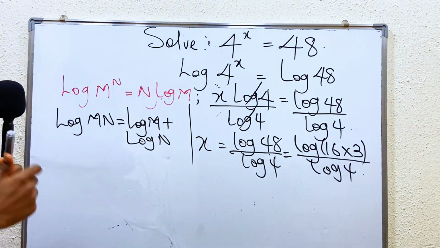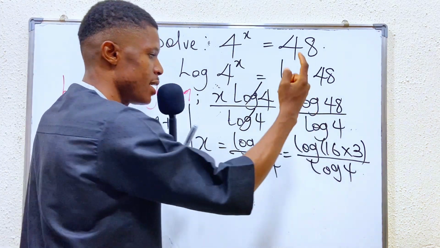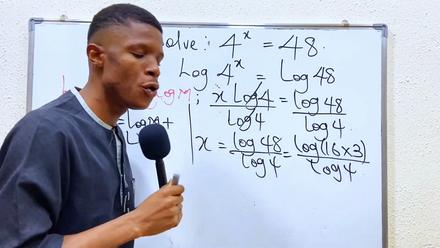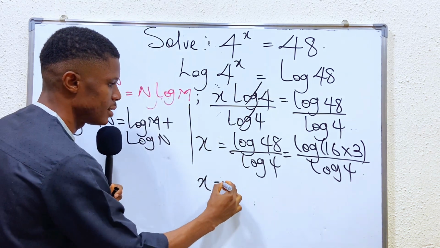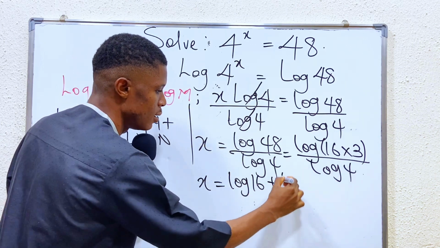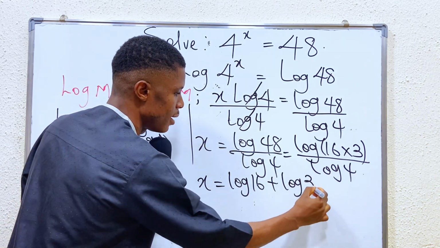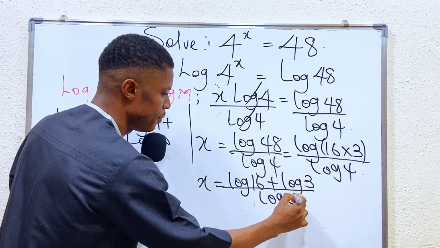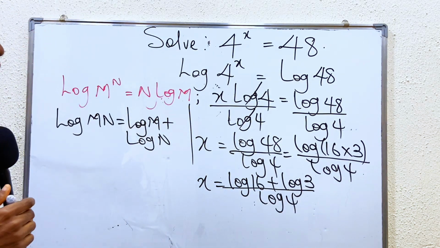So here we are permitted to split these two numbers, 16 and 3, into their respective logs. What do we write? You see that x is equal to log 16 plus log 3 in the same base, all divided by log 4. Are you understanding it now?